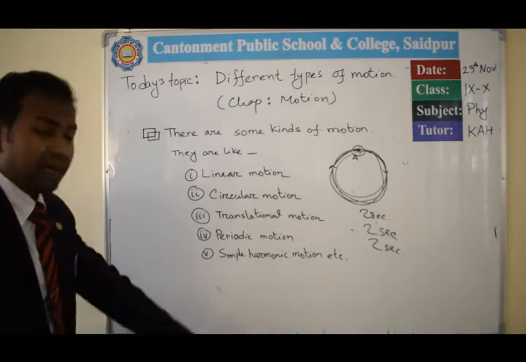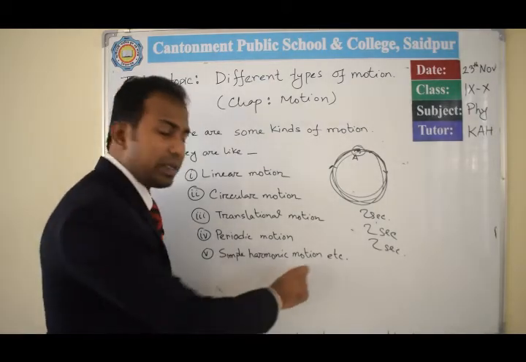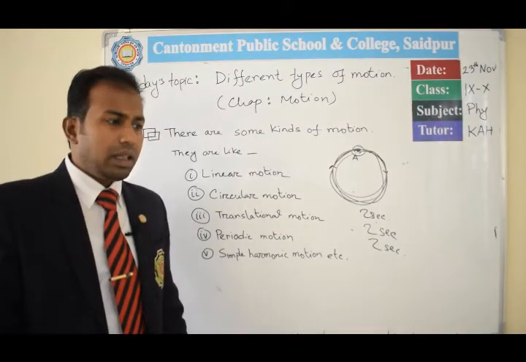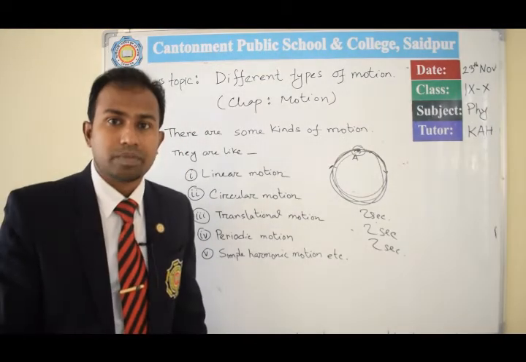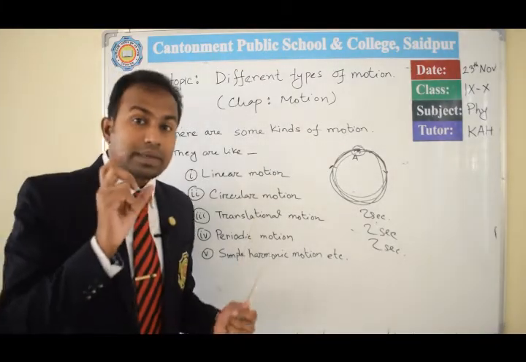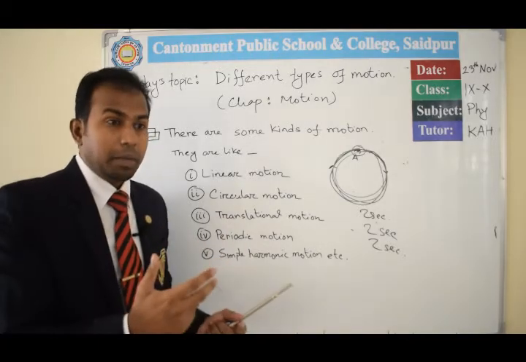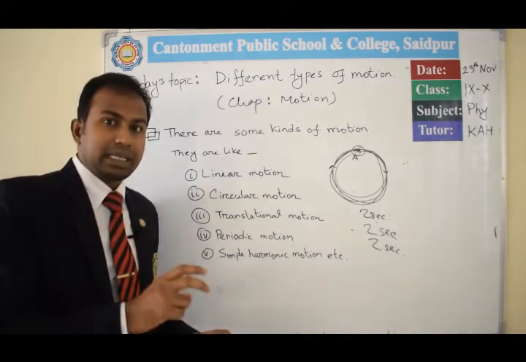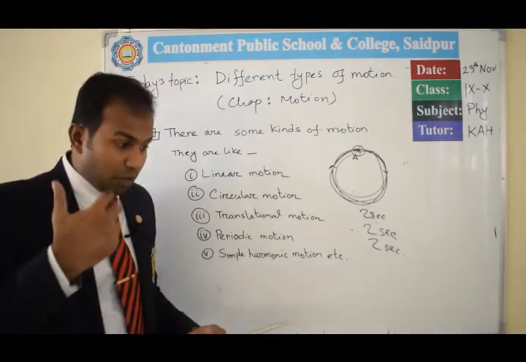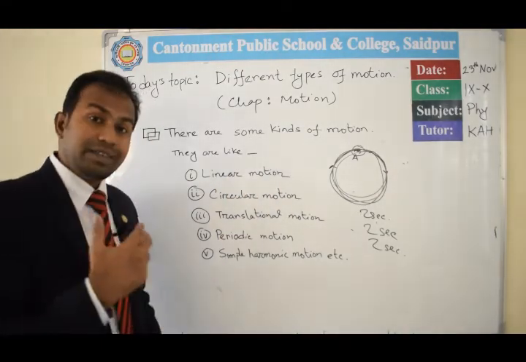Now, there are some other motions I have written over here, like vibratory motion. Vibratory motion is like simple harmonic motion, but the time is not maintained by the particle or object whenever it is changing its direction and giving you the motion.